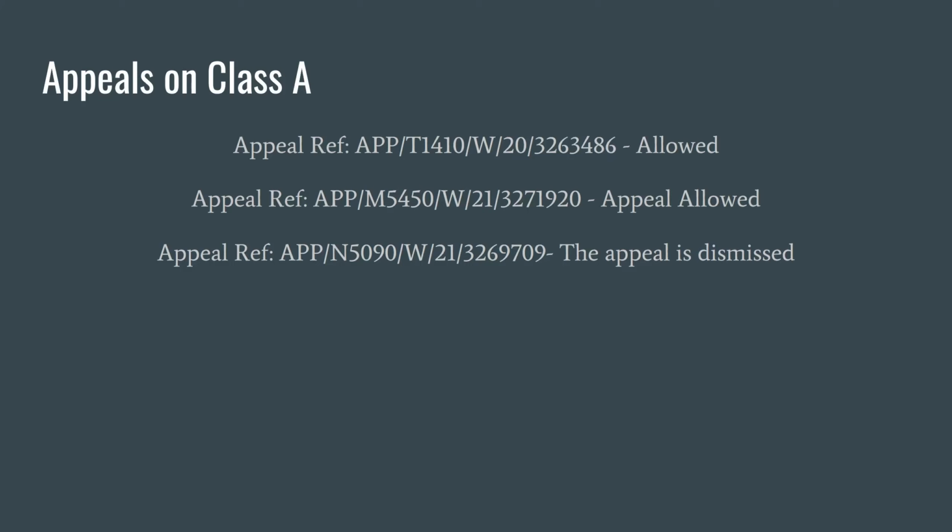Again, the second application was allowed. This application was to do with the external appearance of the building and whether it would be acceptable. What happened in this scenario is the developer chose to use different materials, and the question was whether those materials were suitable for this building. This was a brick building.